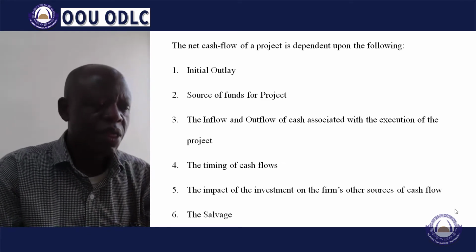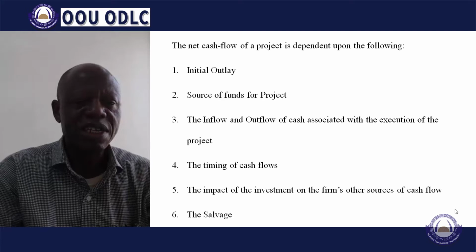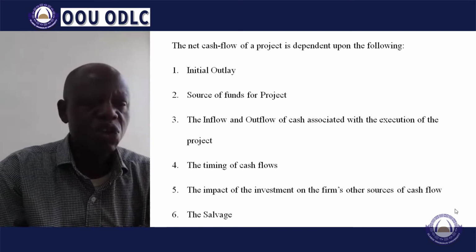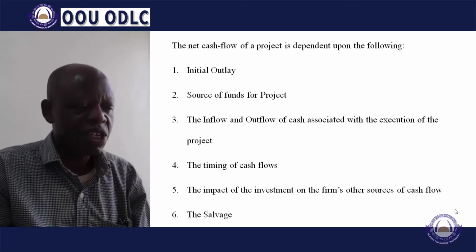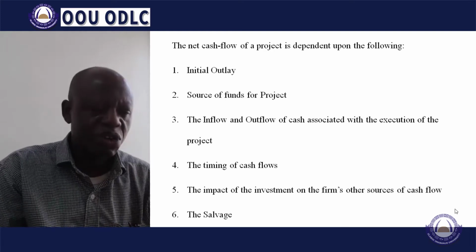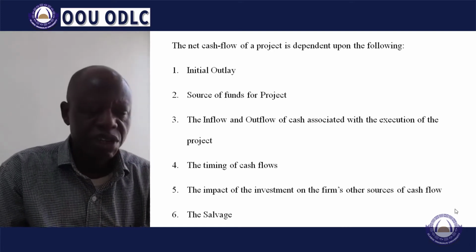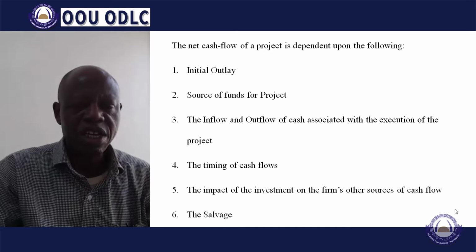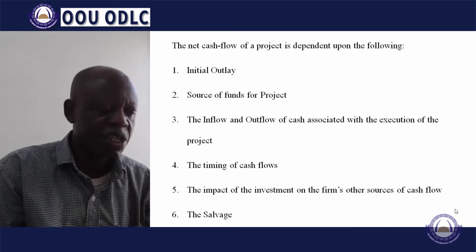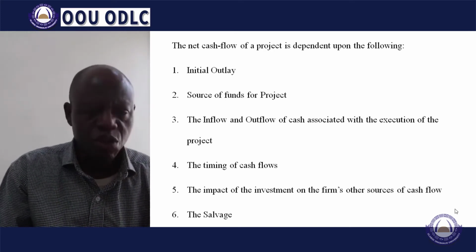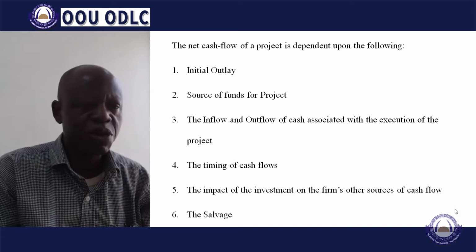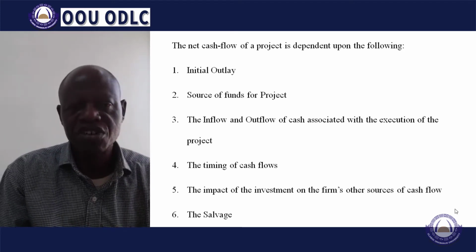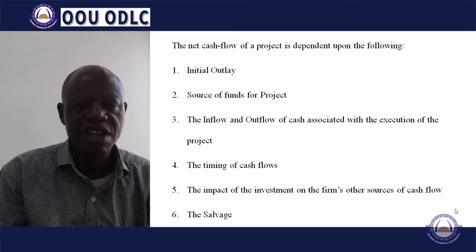Examples are the cost of an equipment, the installation cost, the cost of manpower training that is going to be used in the course of the implementation of the project, if it is acceptable, and the working capital too.